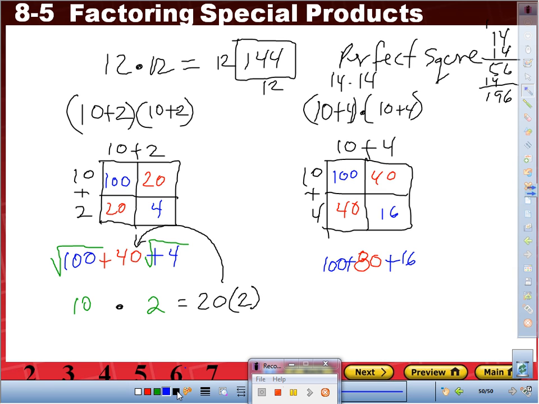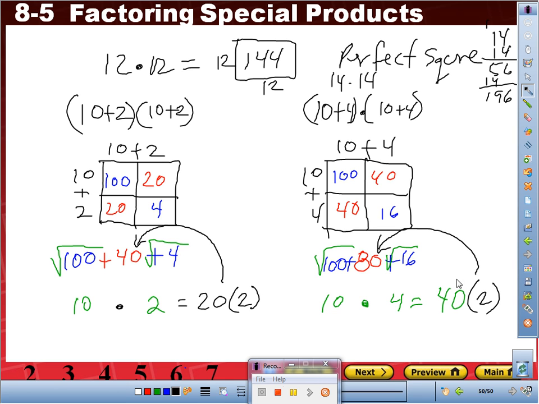Let's see if the pattern works. What is the square root of the first? 10. Square root of the last? 4. What is 10 times 4? 40. And if we double that, it gives us the middle term. Do you guys notice that? That's how we can check that it is a perfect square.